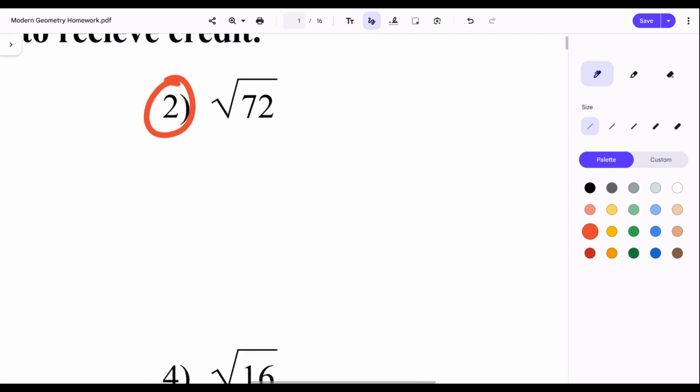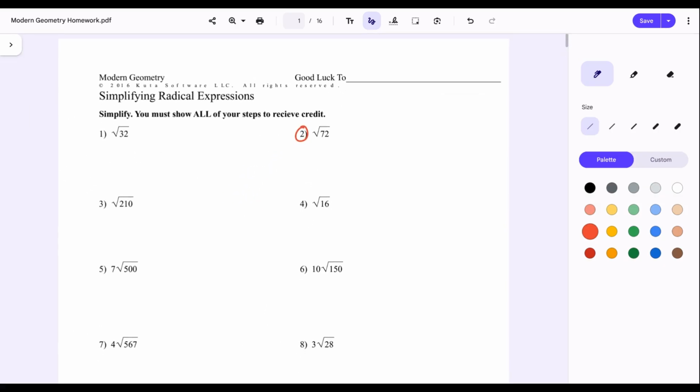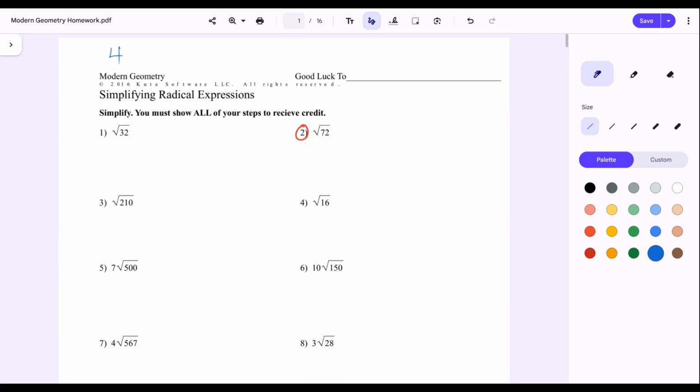So let's start here, square root of 72. If you need to, on the top of your homework page, write out that list of perfect squares that we had. 4, 9, 16, all those numbers. You don't have to write them all out. Remember I said if you know up to like 100, you're probably in good shape. We're using that list of numbers to help us figure out how to break these apart. So let's come back down to that 72.